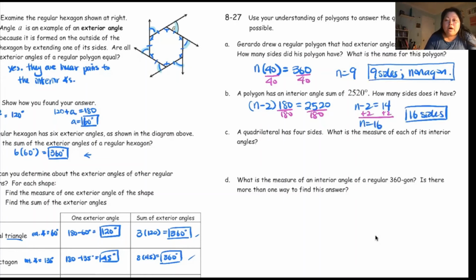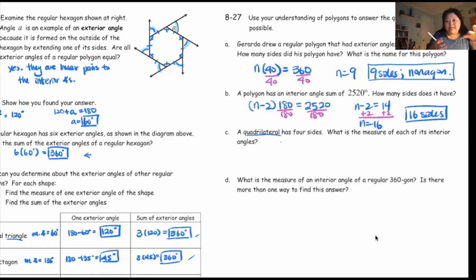Next, a quadrilateral has 4 sides. What is the measure of each of its interior angles? So a quadrilateral has 4 sides, so that measures 360 total. And there's 4 sides, 4 angles. So if I divide by, oh, I'm sorry, my mistake. And I think this is a very similar mistake that you would make too. It just says it's a quadrilateral. It doesn't tell me that it's regular. So I have no idea what the angles are.